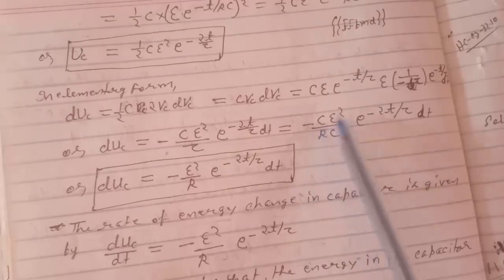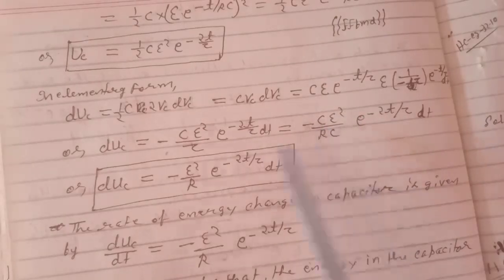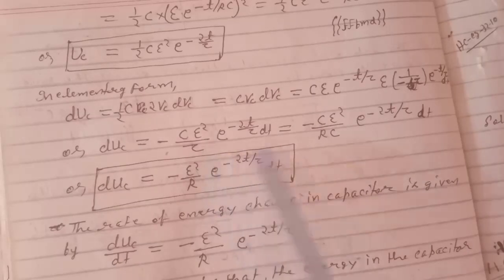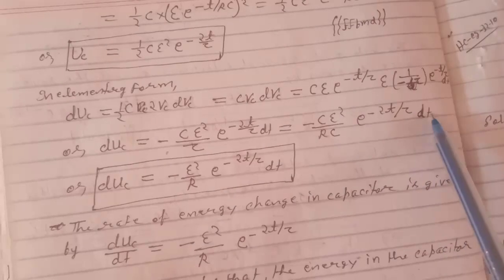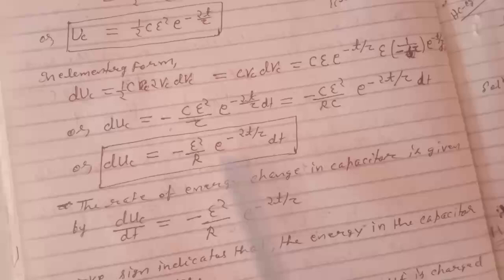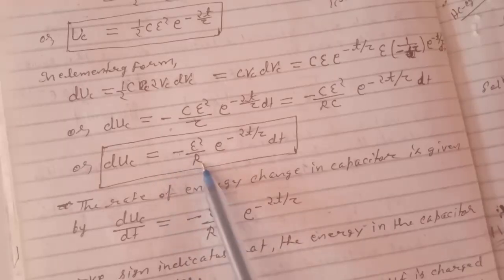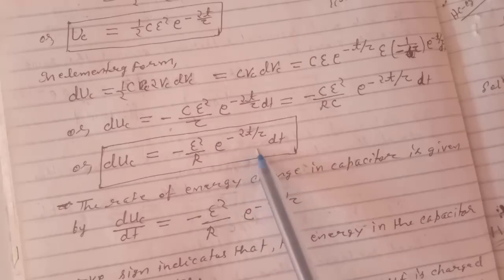Putting the value of tau equal to RC, and e to the power minus 2t by tau into dt, C and C cancel, so dUc equals minus E square by R e to the power minus 2t by tau dt.